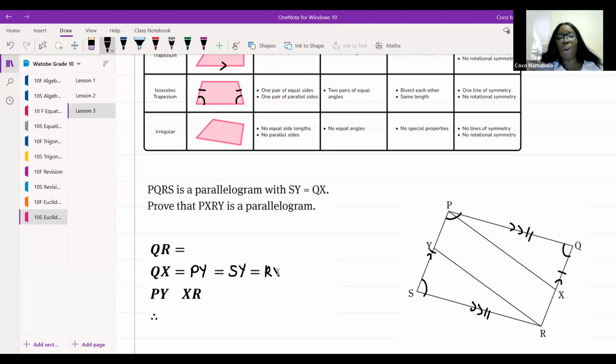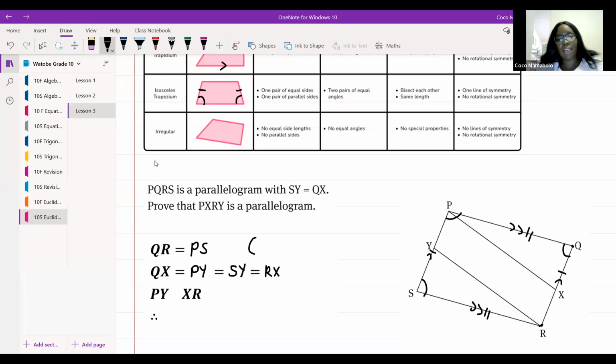Let's have a look at QR. What other side is QR going to be equal to? Good. QR is equal to PS. And for all of these we can literally write the property.